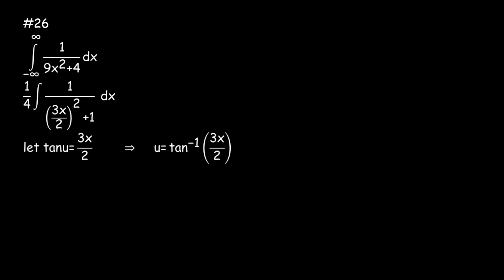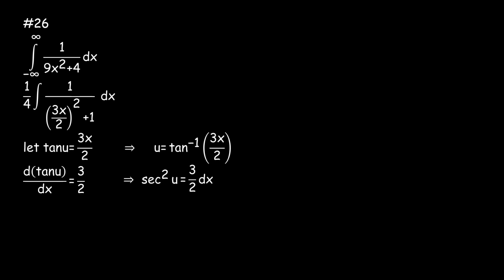In this case, we can differentiate u with respect to x, and we can see that the derivative of tan u with respect to x is just 3 over 2. The derivative of tan u is sec squared u, so this would be sec squared u du being equal to 3 over 2 dx.